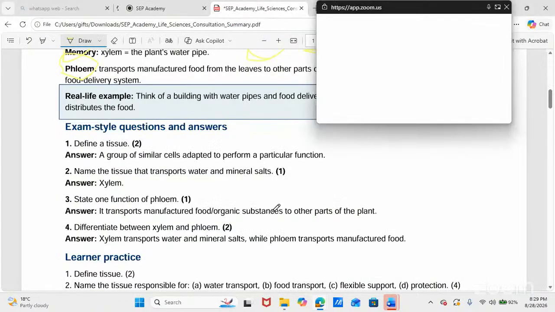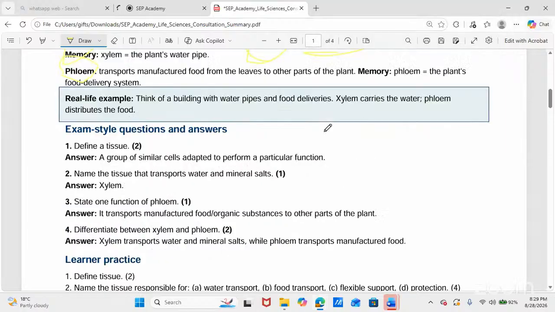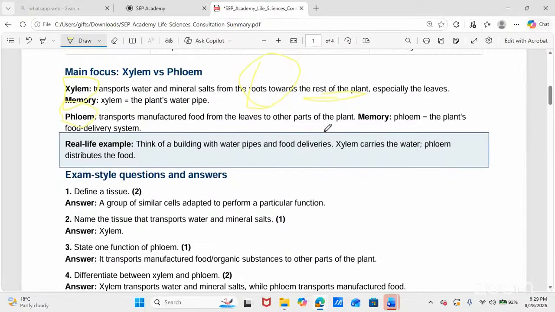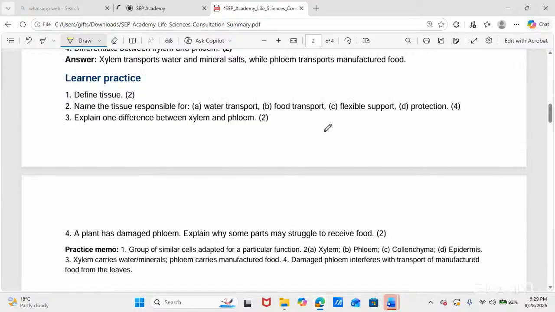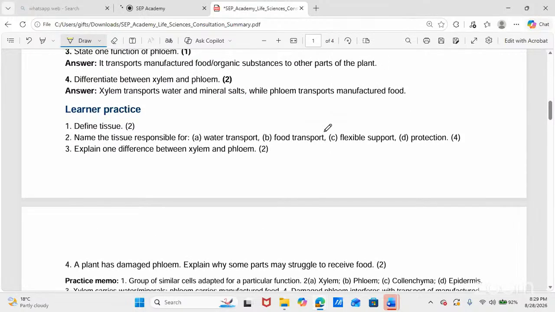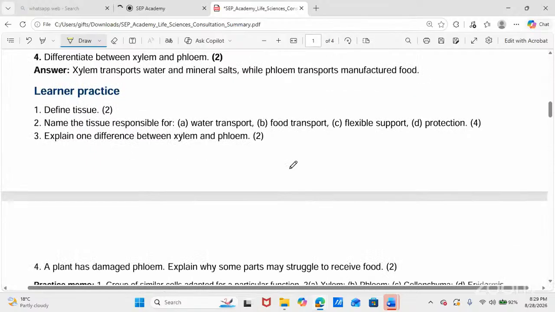So now I'm going to move on to the activity. Let me just remove this. The activity is mainly for you guys to practice with. You are just going to screenshot this so that we can move forward.